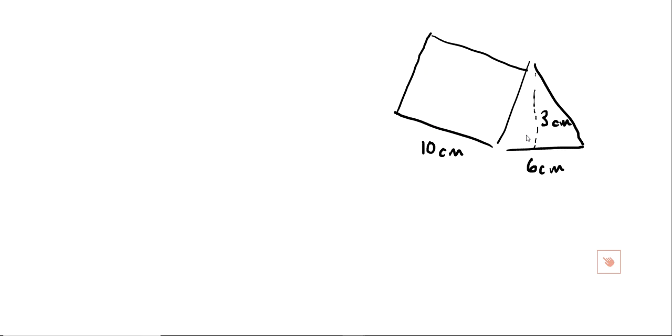So we're looking at the area of the triangle, aren't we? Well, the area of that times 10. That's the length, yeah? So what's the area of the triangle? Not 18. 9. So a triangle is base times height divided by 2.